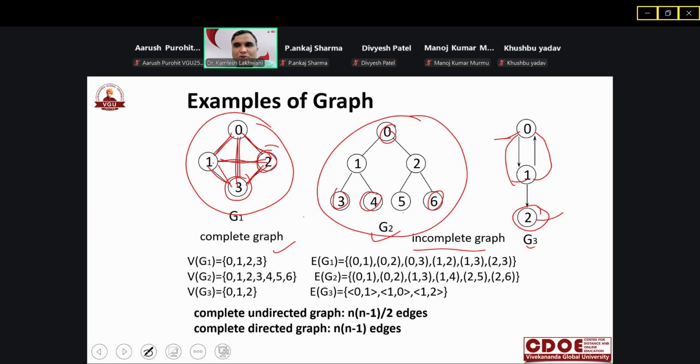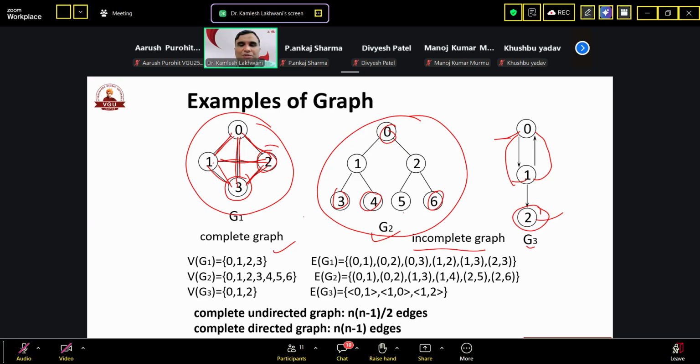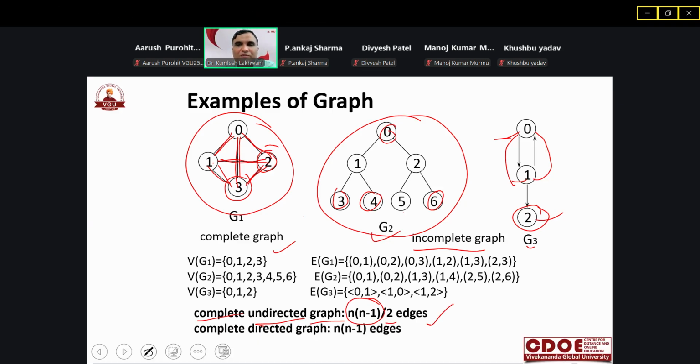Now, a very important thing that can be asked in a multiple choice question: in a complete undirected graph, n into n minus 1 divided by 2 edges are available. That means if a complete graph is given to you and the number of edges is asked, with the help of this formula, n into n minus 1 divided by 2, is the total number of edges.